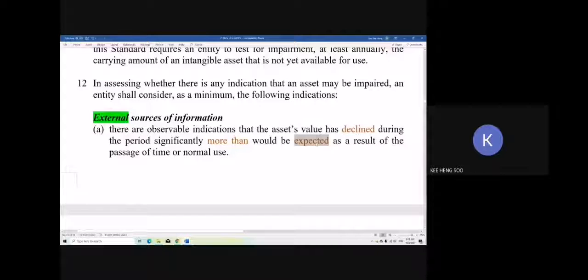Expected is 400. You expected your asset to drop from 600 to 400, but the decline dropped until 350. So it dropped an additional 50,000, which is very significant, more than expected. That is the meaning. Understand?